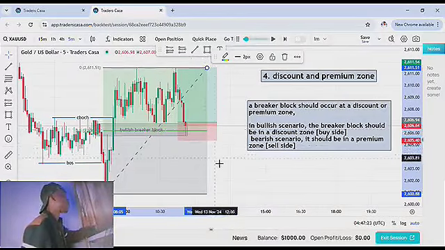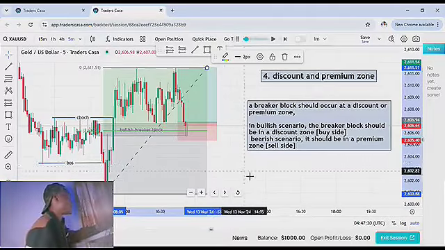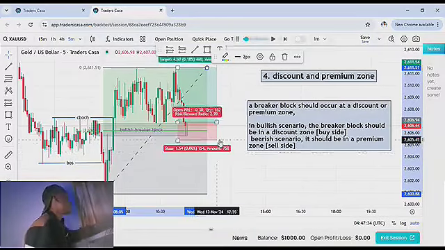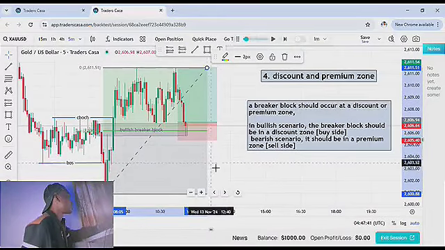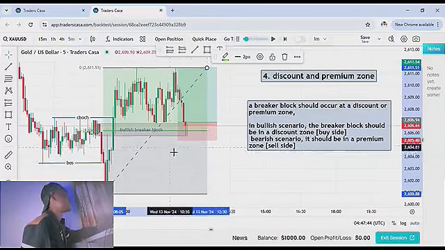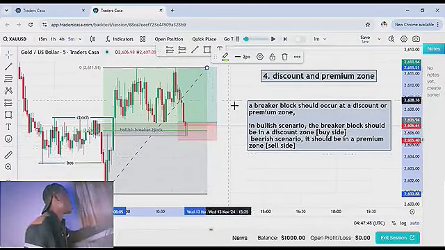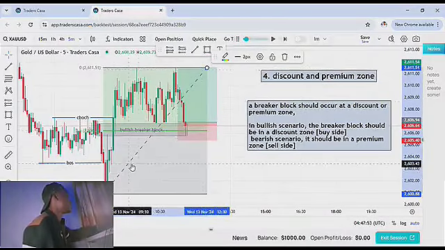And for a bearish scenario, it should occur in your premium level, in your premium zone or level, whatever you choose to call it. So for this example, we are in a bullish scenario, so our breaker block occurred in the discount level. You understand? So let me remove this so it won't keep our chart messy.